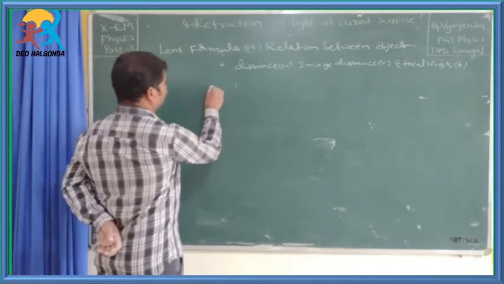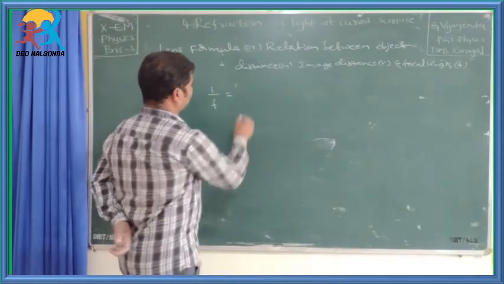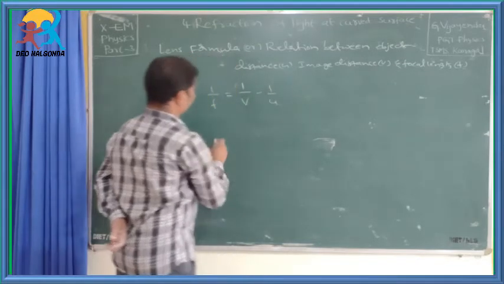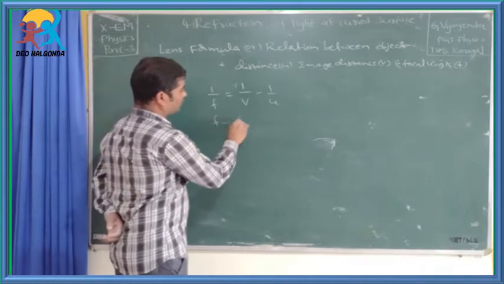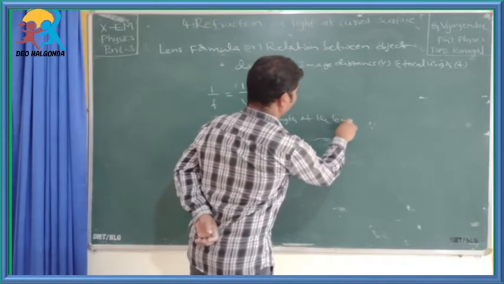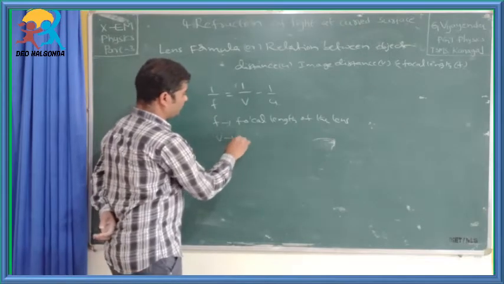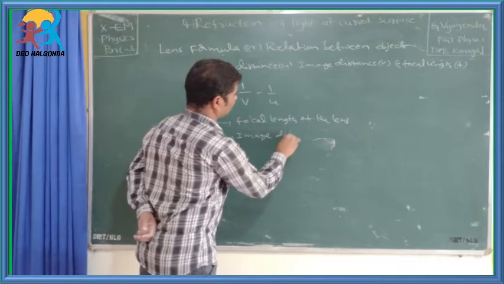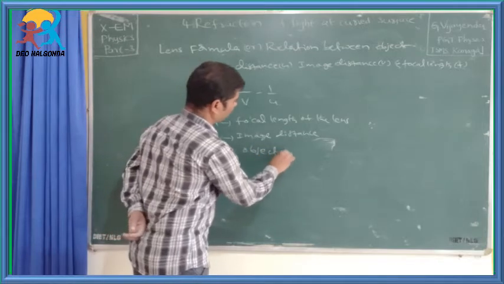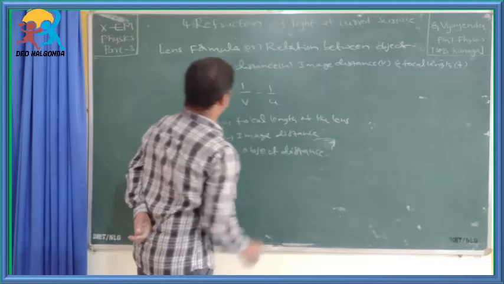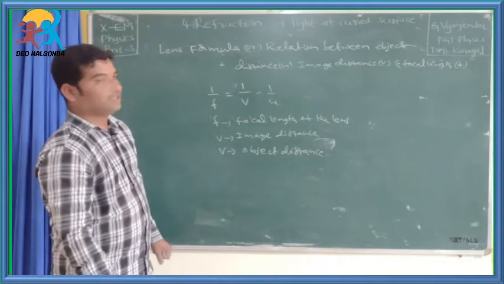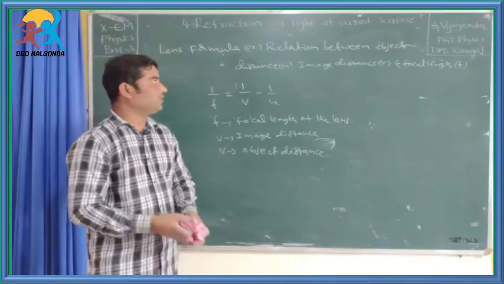That is given by 1 by f is equal to 1 by v minus 1 by u, where f is the focal length of the lens, v is the image distance, u is the object distance. 1 by f is equal to 1 by v minus 1 by u is the lens formula, a relation between the object distance u, image distance v and focal length of the lens.